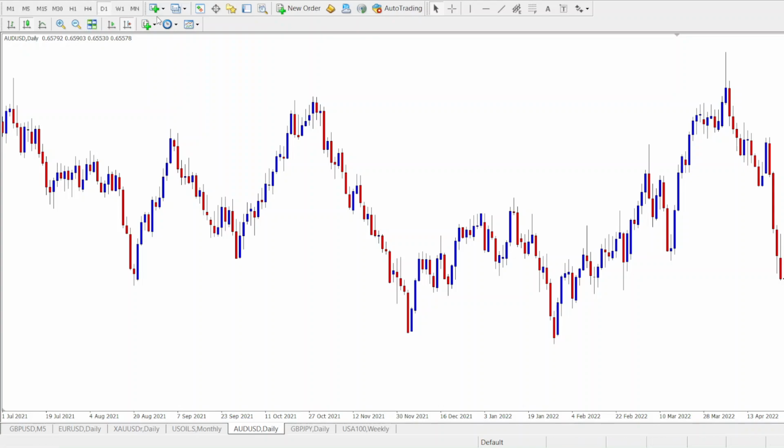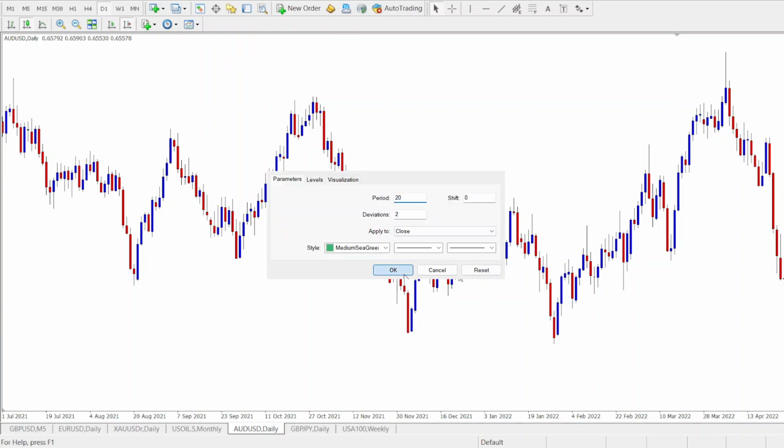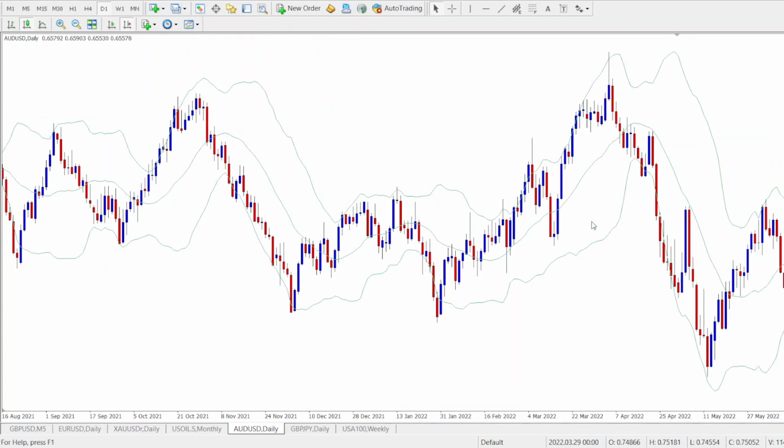All right, so I'm just going to add on the Bollinger Bands to the chart. Here you go, and then let us jump right in. First off, let's talk about what Bollinger Bands are. Now, this indicator was created by John Bollinger.